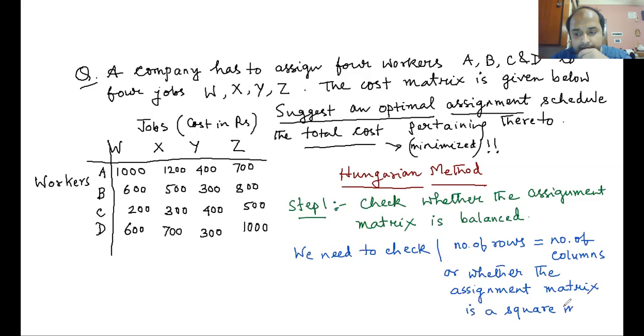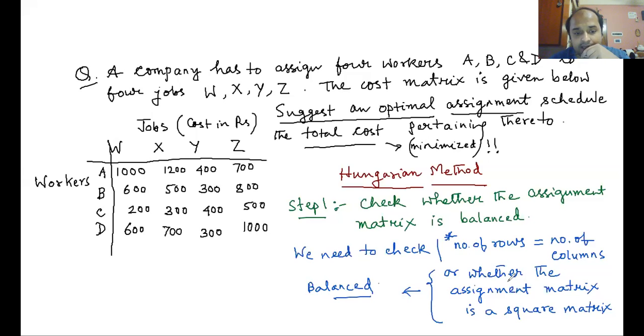Square matrix is a matrix where number of rows and number of columns are the same. If such is the scenario, we call it a balanced problem. If the number of rows and columns are not the same, then you cannot apply Hungarian method. In that case, we have to introduce a dummy row or dummy column, just like we did in the transportation problem, to make it balanced. So first of all, you have to check whether the assignment problem is balanced or not. The criteria is that the number of rows of the matrix must be equal to the number of columns.